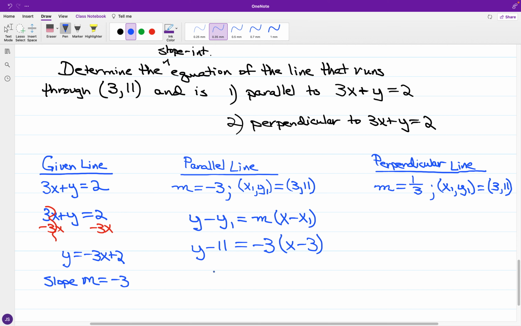Looking at what we have from the point-slope equation and getting it over to slope-intercept, if I distribute negative 3 over the quantity x minus 3, we have negative 3x plus 9.